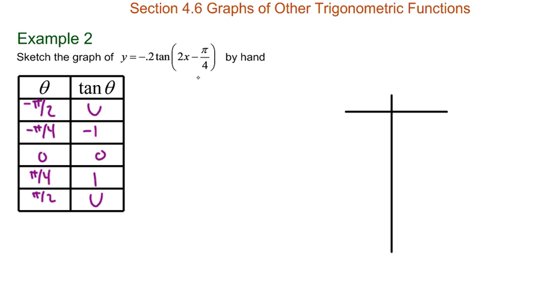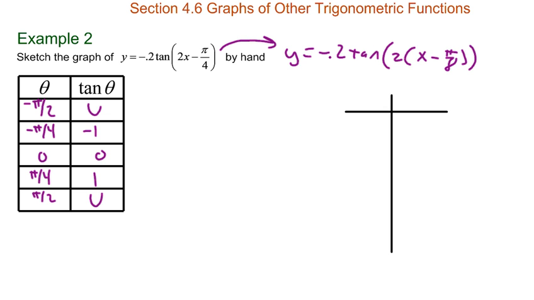Normally, when we did the tangent, and when we did the sine and cosine, I had you rewrite this as y equals negative 0.2 tangent, and then pull out this 2. Remember that? You would pull out the 2, and then you would have x minus pi over 8.